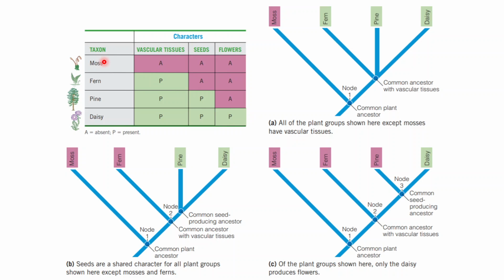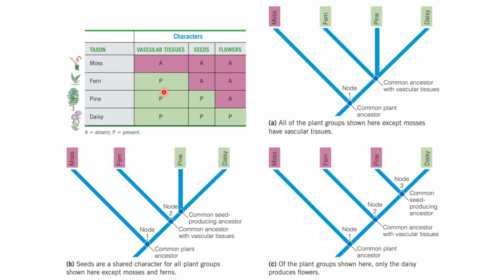In our example, we use 3 characters: vascular tissues, seeds, and flowers. For each character, we must define all of the conditions. For simplicity, we will consider our characters to have only 2 states: present and absent.